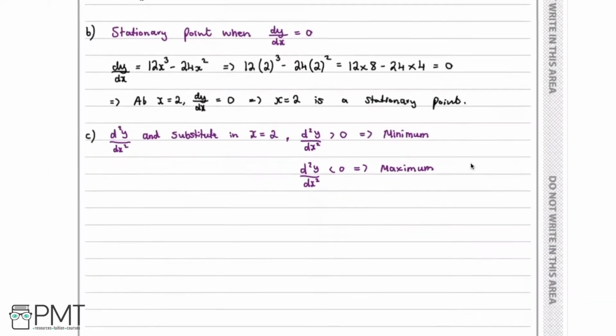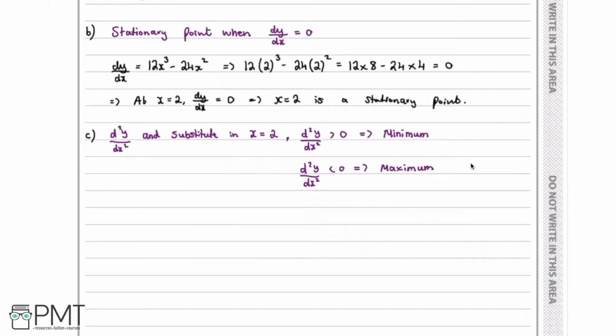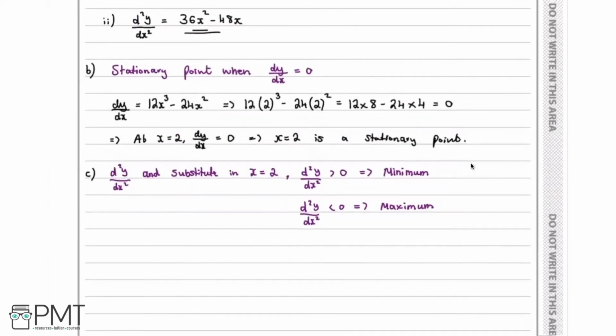So then we have that the second derivative, we recall, is 36x squared minus 48x. So therefore, we can write that out here, substituting 2 into it, equals 36 multiplied by 2 squared minus 48 times 2.